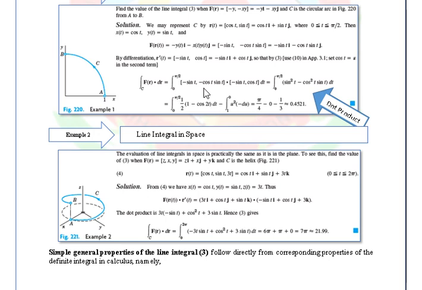Okay, so then changing the variable here, we have now this one, and that equals this result here.